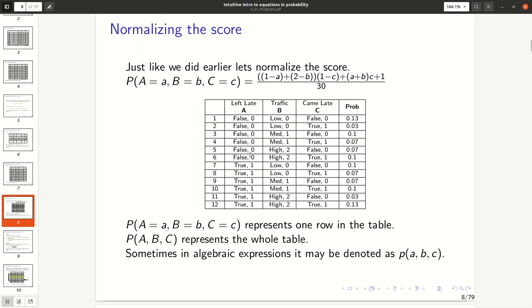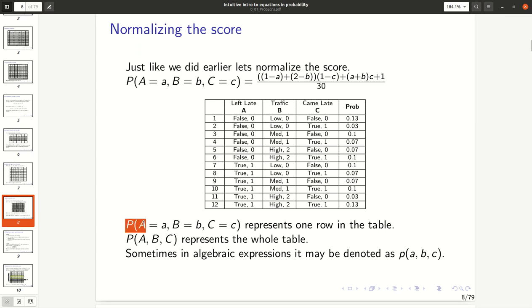I have populated the table here, but the whole table can be elegantly represented by just this formula, and you don't need to remember each and every row.